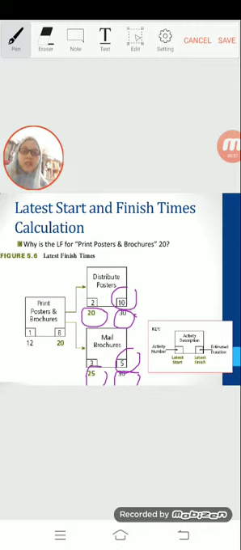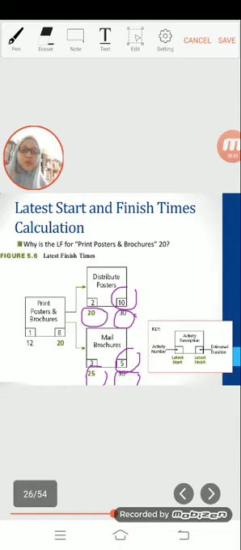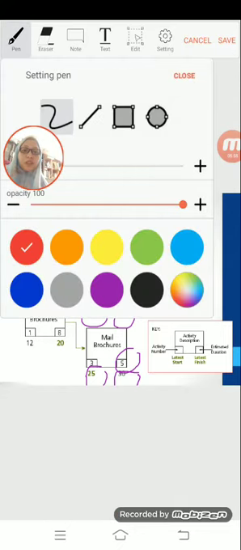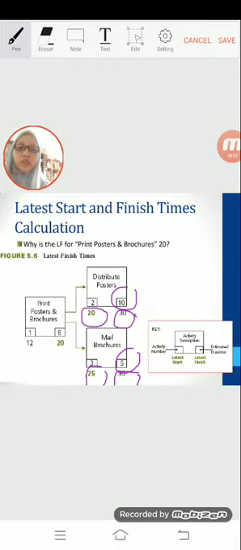Which one will you bring backward? You must choose the shortest one. So the shortest one here is 20. So 20 brings here. 20 minus 8 equals 12.